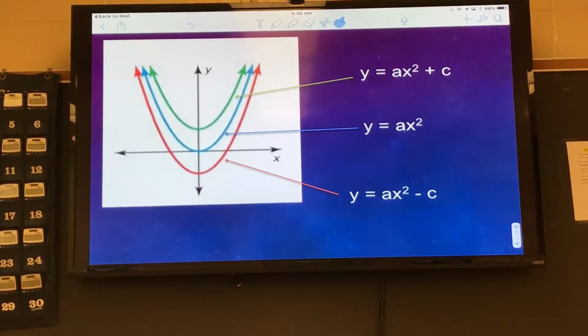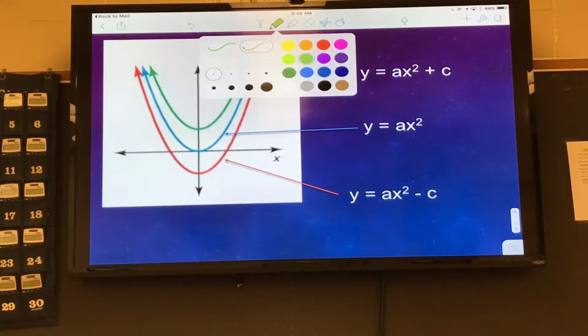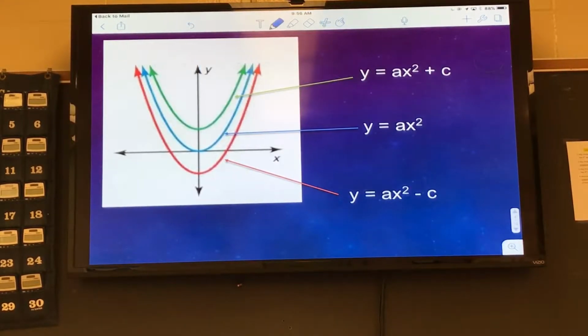I want to talk to you just for a sec about the graphs that we've done so far. If you look at the blue one, right here, you'll see that the blue one represents the y equals ax squared, where we didn't add a c. And in each of these cases, obviously we haven't had the bx section yet. If you look at the green one, you're going to see that we said plus c because it's going higher, it's a vertical translation up.